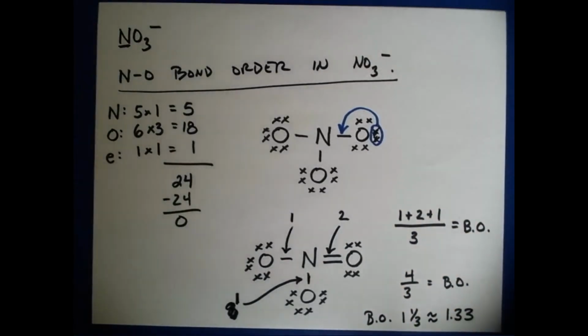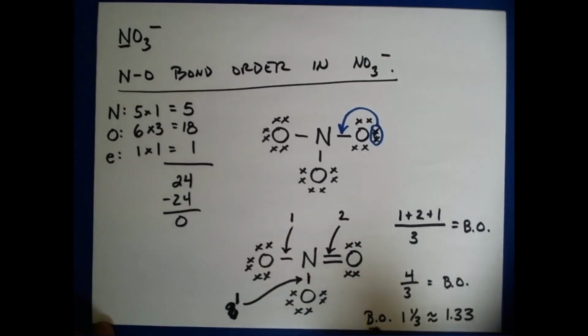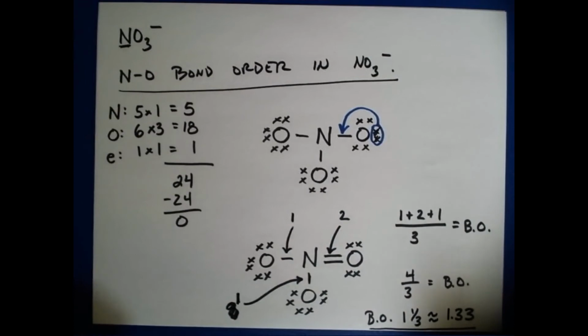And so what this tells us is that we would expect the nitrogen-oxygen connection in nitrate, each of these actually, to experience a bond strength that's somewhere between a single bond and a double bond. The bond's going to be a little bit stronger than a single bond, but a little bit weaker than a double bond.